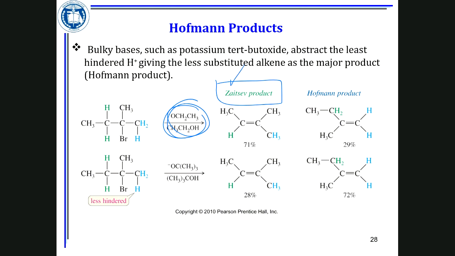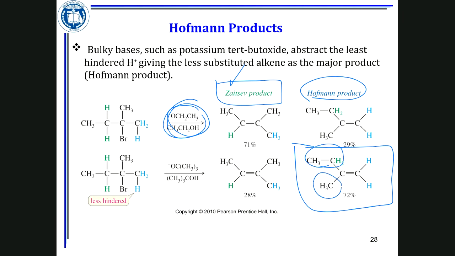The second reaction is the exception to the Zaitsev product, and since it was presented by a different scientist, it is known as the Hofmann product. So when do you get the Hofmann product, and what does it mean that you have a Hofmann product? A Hofmann product is a product where the carbon-carbon double bond has a lower number of alkyl groups in the molecule.